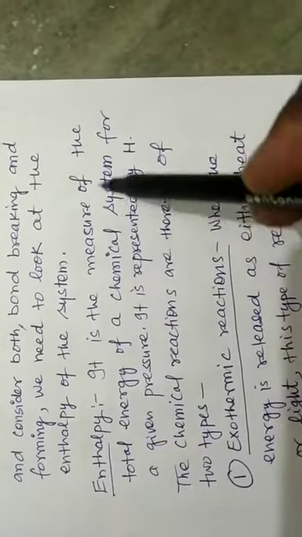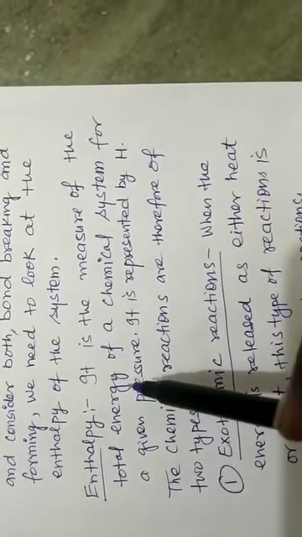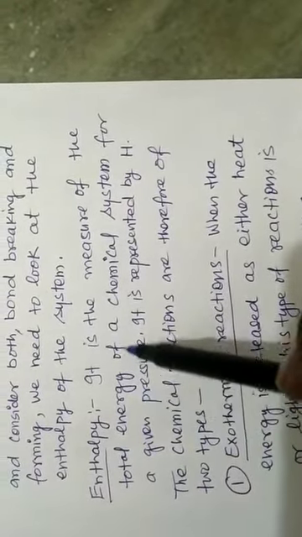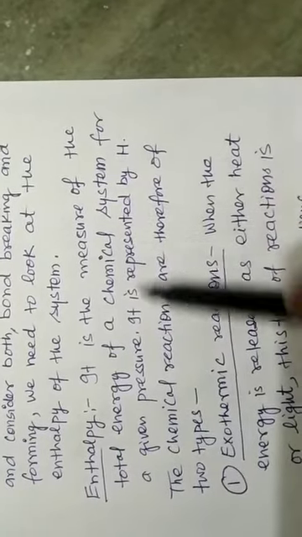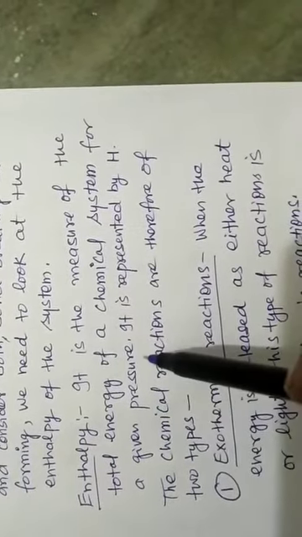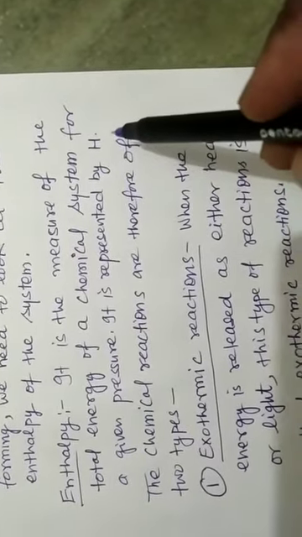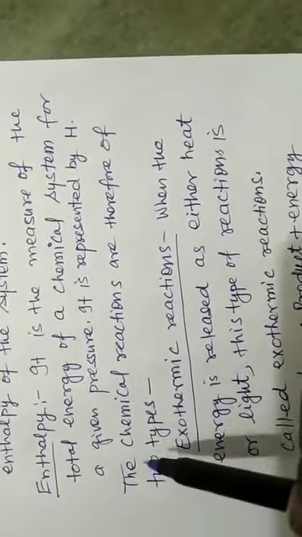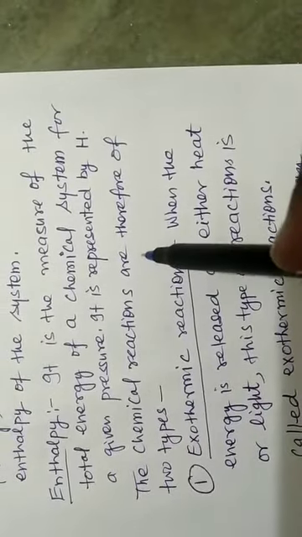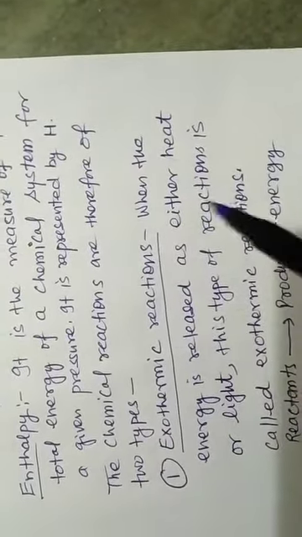It is the measure of the total energy of a chemical system for a given pressure. It is represented by H, capital H. Chemical reactions are therefore of two types.